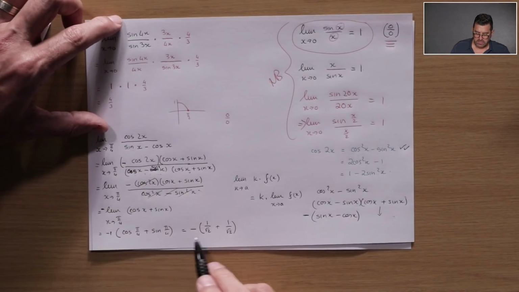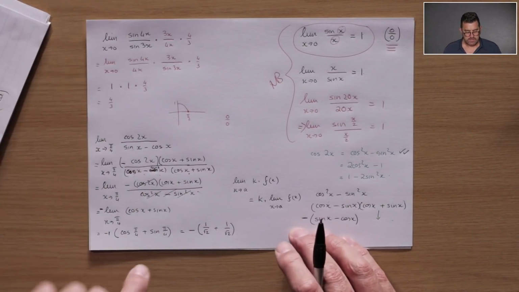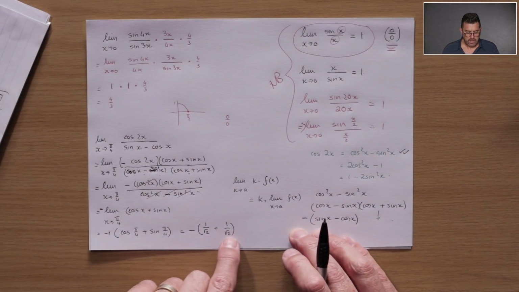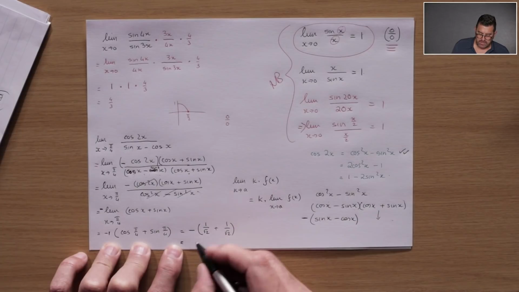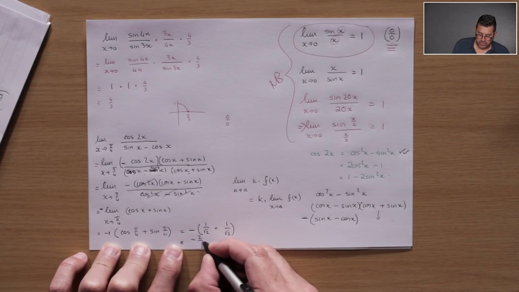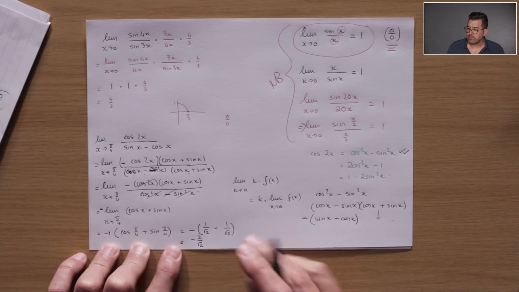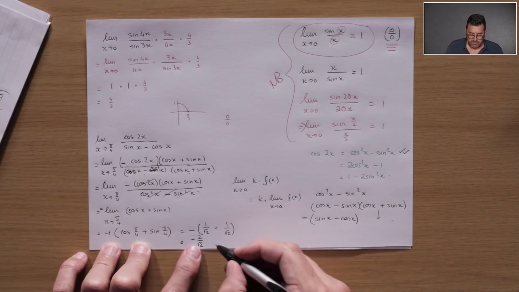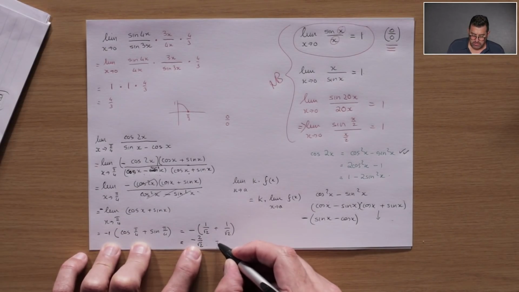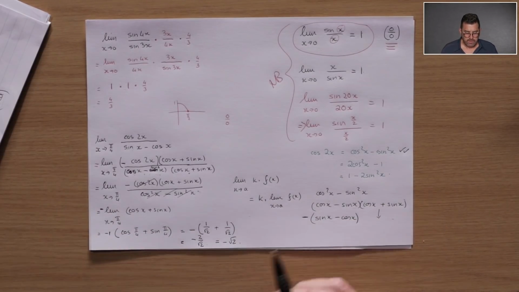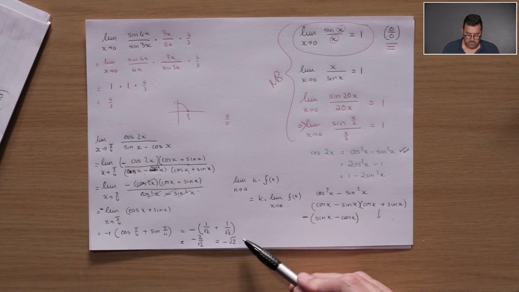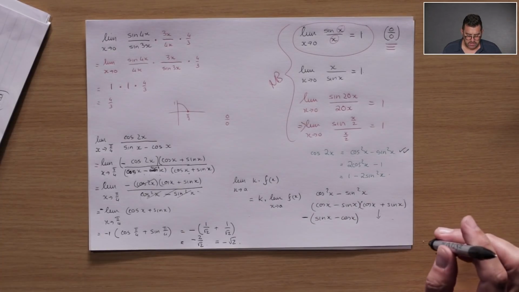If you punch that into your calculator, you'll see that the sine of pi over 4 and the cosine of pi over 4 is exactly the same thing. So there's 2 of those. I multiply the negative in, so it's minus 2 over the root of 2. And if you want to clean that up, you can write it as minus the root of 2. Okay, punch it into your calculator, check that that is indeed the case.